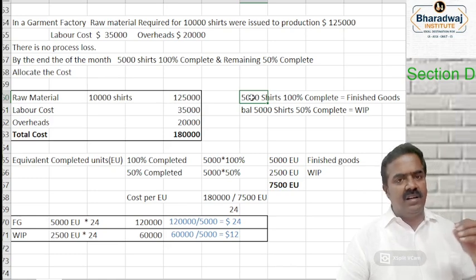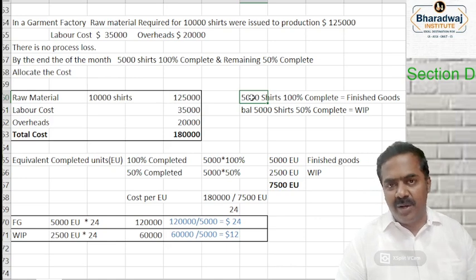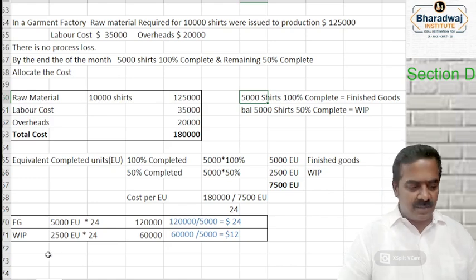Instead of learning theoretically, we are learning through an example. What is an equivalent unit? It is an equal completed value of incomplete units.